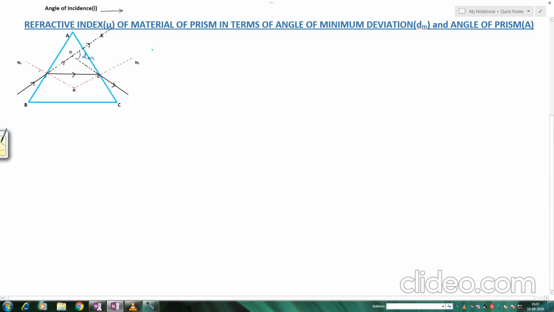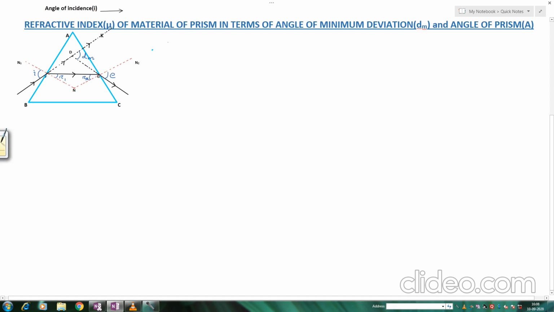That is, in this case angle of incidence is equal to angle of emergence. Also the angle of refraction for the face AB is equal to the angle of incidence for the face AC. So why does this happen? Because when the ray suffers minimum angle of deviation, then it moves symmetrically through the prism.